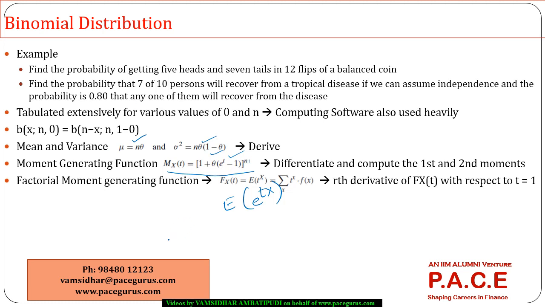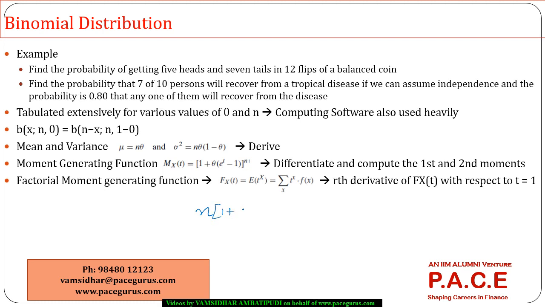Now if you want to find out the mean and the variance from this moment generating function, I can take the first derivative of this, right? The first derivative with respect to t: if I am assuming this whole thing as x, this is becoming n into x to the power n minus 1.